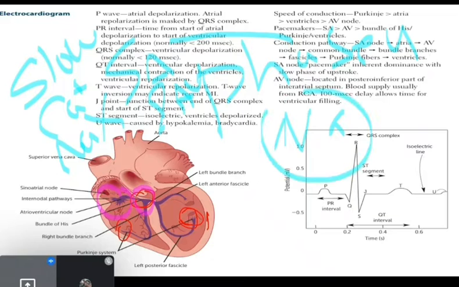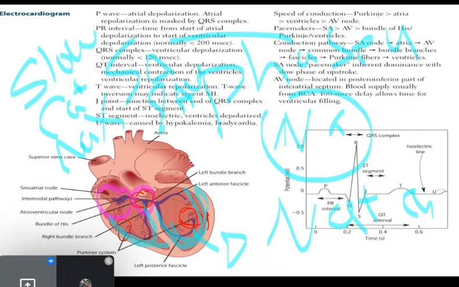How does sodium get into the cell? From the activation, or the action potential, that happens from the ventricles. If you remember, we said that the first thing that happens in the myocyte is that the sodium channels open.